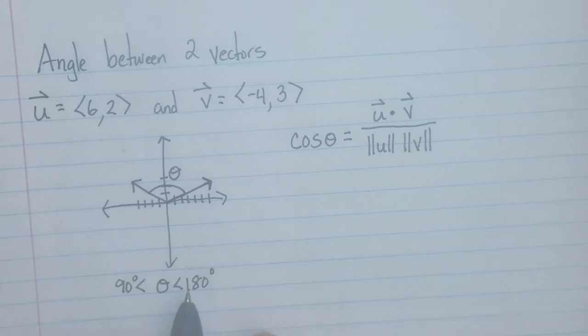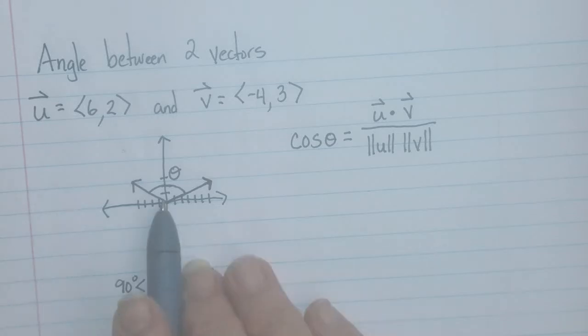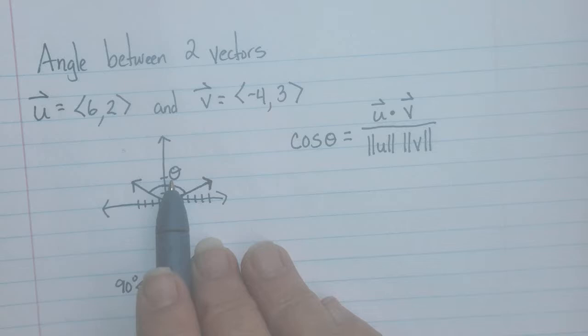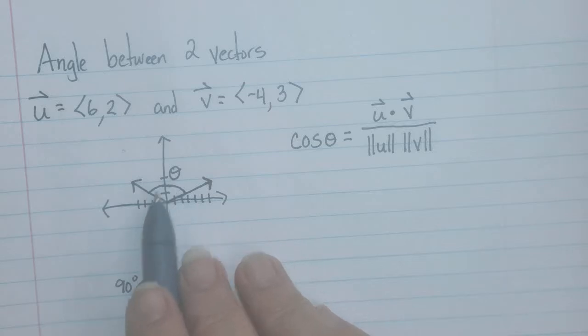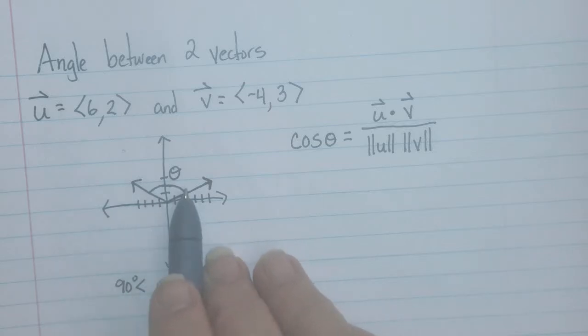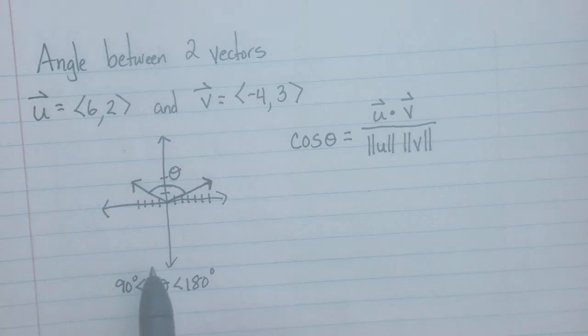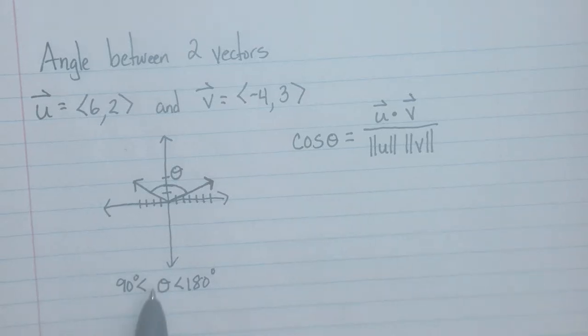Math makes sense. Here's a picture. This is an angle. I'm finding an angle. The angle that I'm looking for is obviously, right, between 90 and 180. If I come over here and do all these calculations and I get an answer that's not between 90 and 180, it doesn't make sense. You always want to go back to, does my answer make sense?